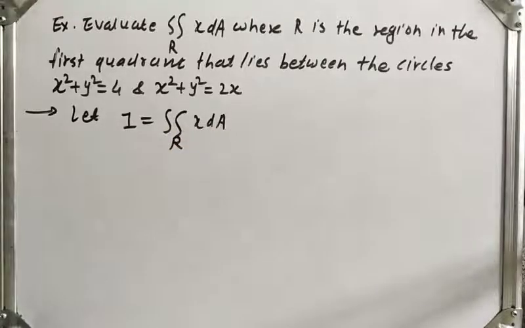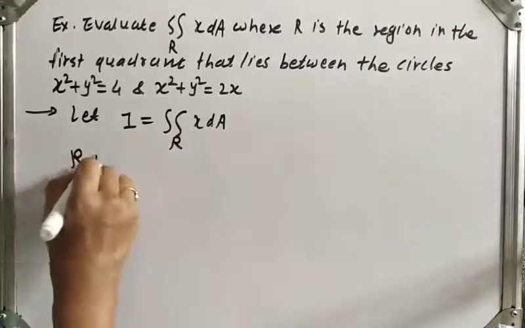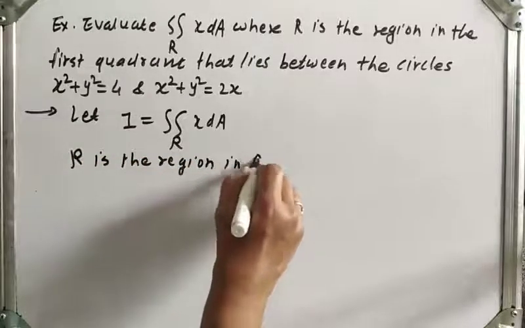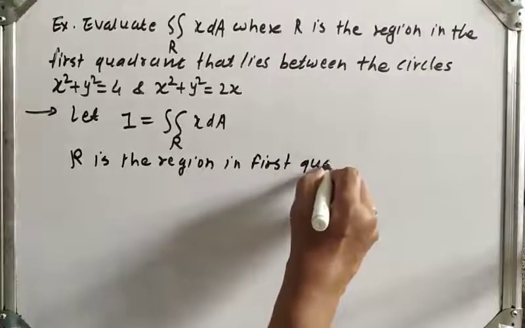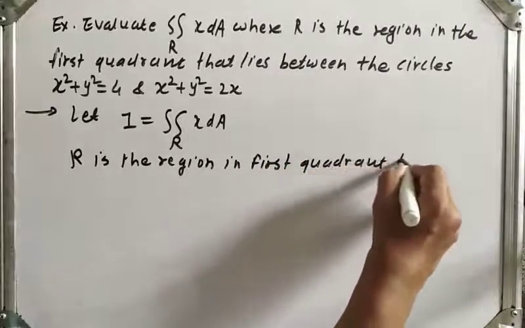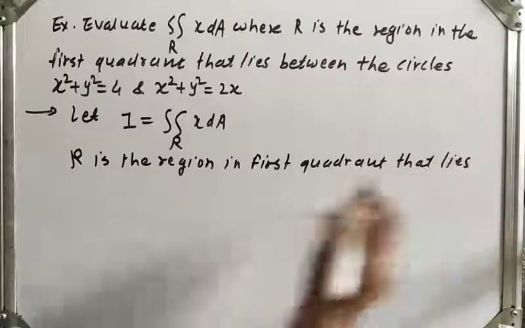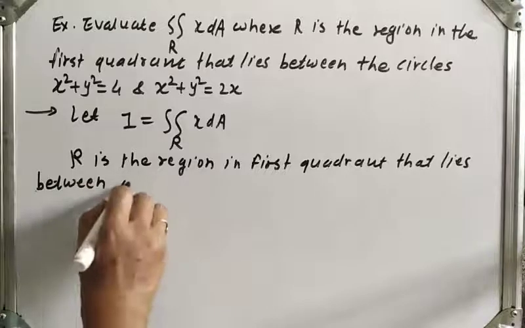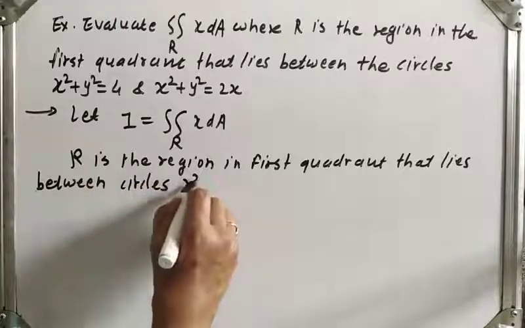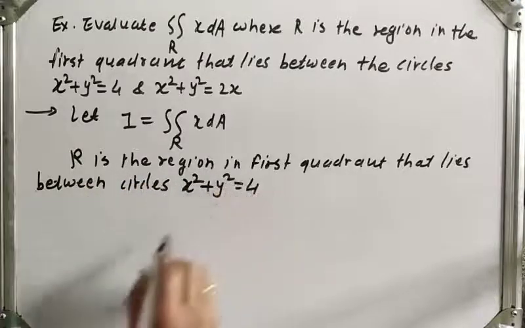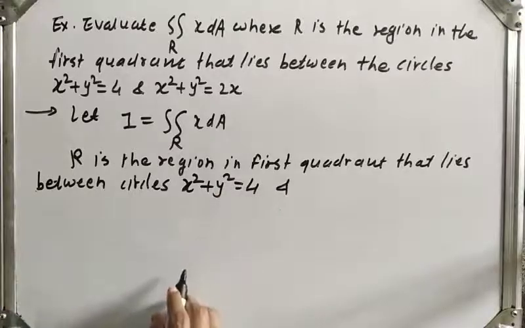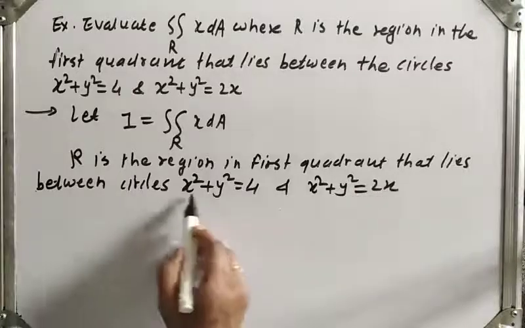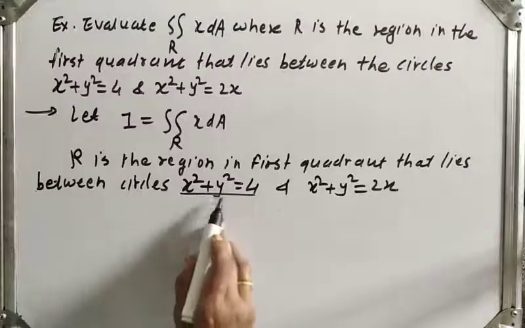What is region R? R is the region in the first quadrant that lies between the circles x² + y² = 4 and x² + y² = 2x. The first is a circle with center (0, 0) and radius 2.